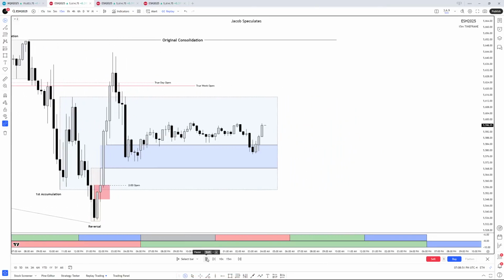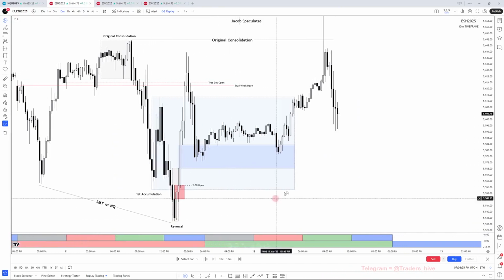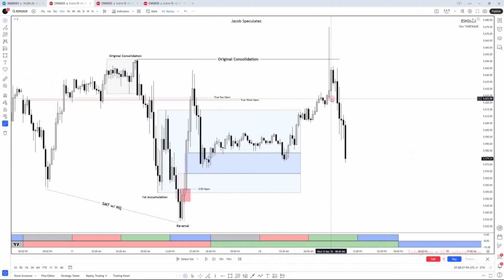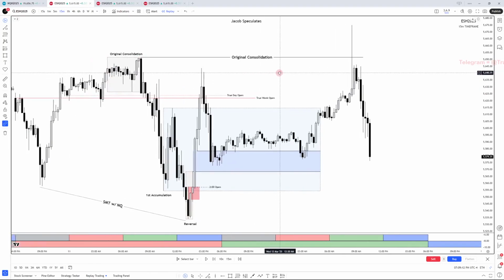And as you can see, as soon as CPI opened up, this is exactly what the algorithm sees. There's these highs right here into that original consolidation. Why these highs? Why this period of consolidation? Because there's narrative and there's framework behind it.